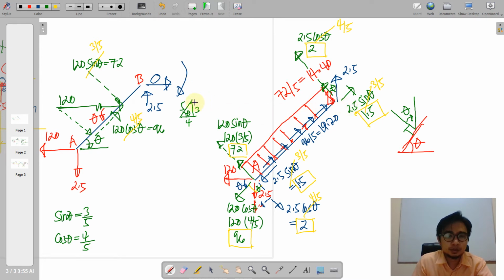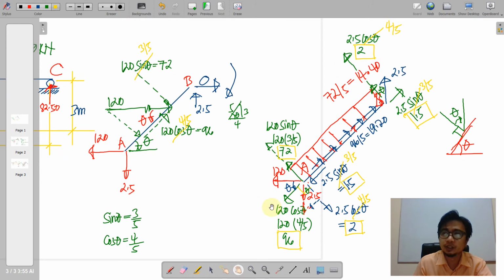Another internal force that will be developed on this cut portion is, of course, the moment. We can determine this moment using the initial figure here.